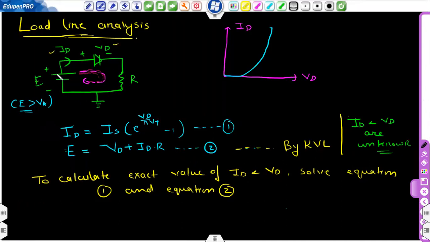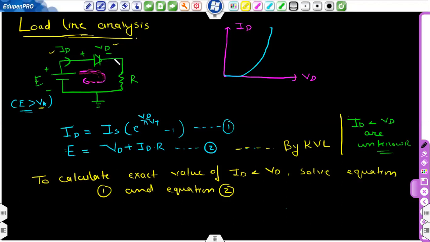A very simple circuit is given with an external voltage source E. E is obviously greater than Vk, since E should be greater than Vk to make this diode conduct. Current ID is flowing, and there is a voltage drop of plus minus Vd. This is the polarity, plus here, minus here.